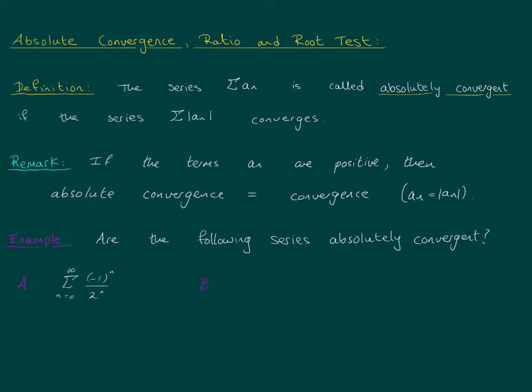Second example, sum from n equals 1 to infinity, (-1)^(n+1) over n. At this point in the video, I think it'd be best if you just pause it and try to see for yourself if you can figure out, are the following series absolutely convergent, A and B?